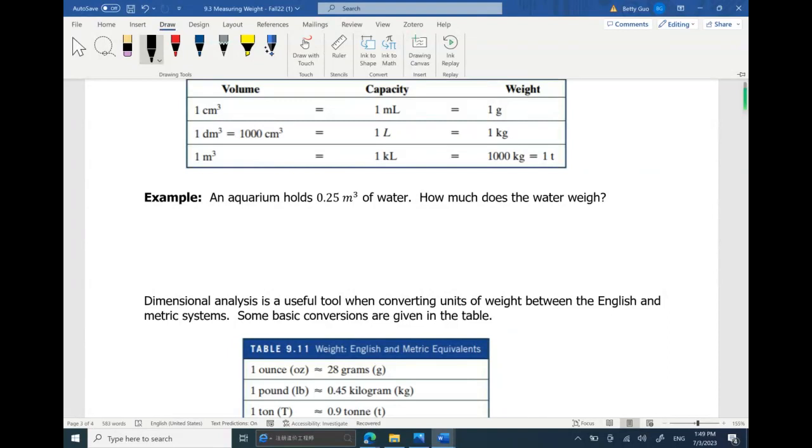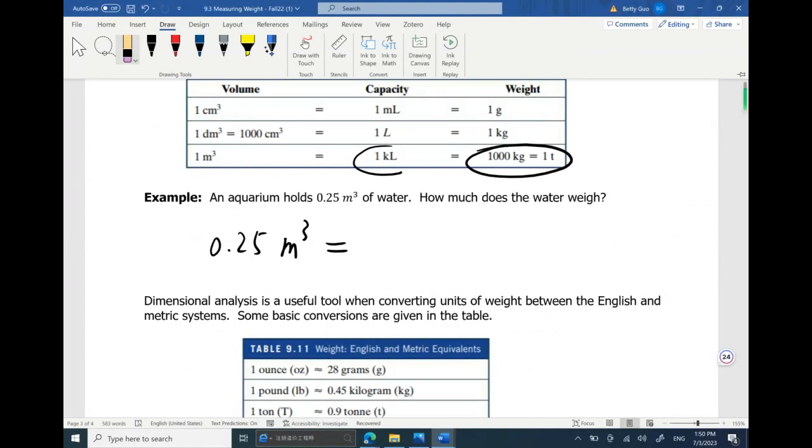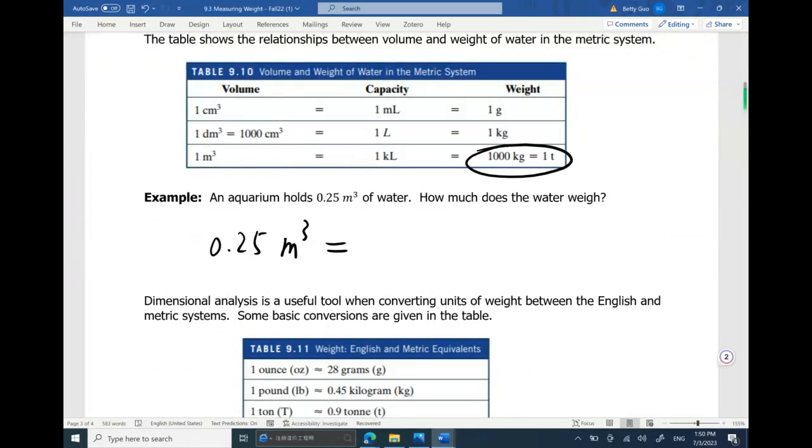So we can do 0.25 cubic meters, because 1 cubic meter of water weighs 1,000 kilograms, right?